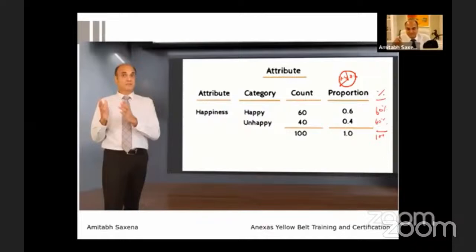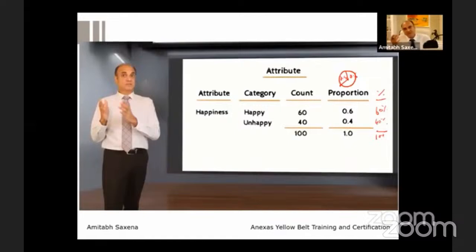So please understand that any percentage is actually attribute data. Percentage is giving you one category's contribution, so it's categorical data. 60% means 60 belongs to that, whatever you are talking about, and 40 belongs to something else.